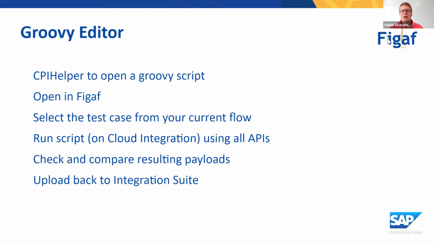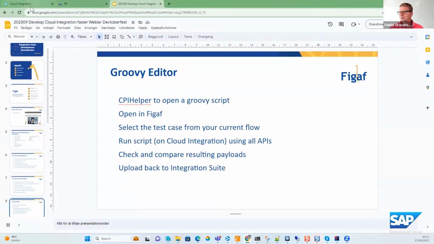actually do this? In the latest release, we have tied the tool also to CPI Helper, which is a great tool, and I guess all integration developers would be using that to also make it easier for you to open these scripts and be able to run these test cases. So let's see here.